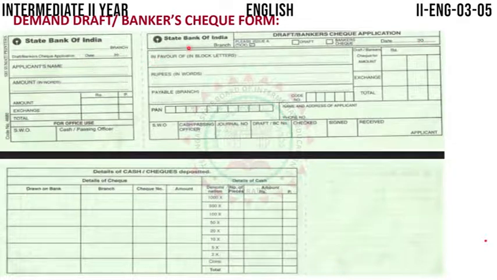Next, there is the branch of the bank in which you are taking this demand draft. Next, in favor of means to whom you are sending this DD, rupees in words, okay, and this is in which branch the DD has to be realized, that is the payable branch, that you have to mention.